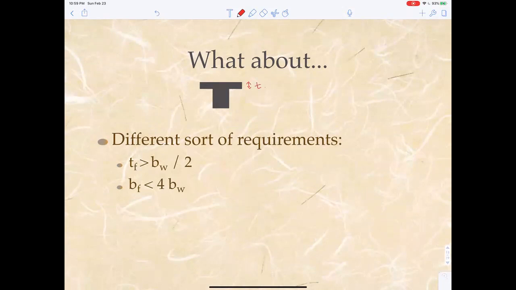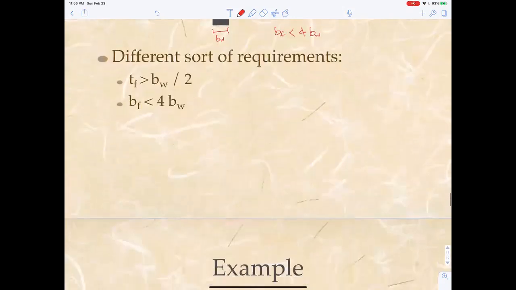So the thickness of the slab needs to be bigger than the width of the web over 2. Okay, and this total width here, bf, needs to be less than 4 bw. Okay, so there we go. Those are all the requirements.